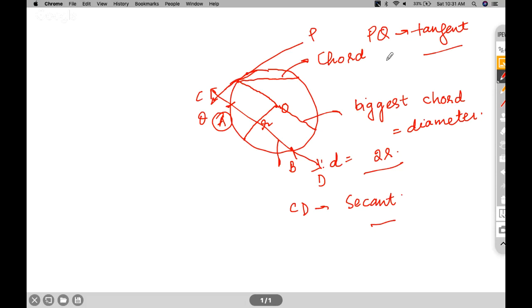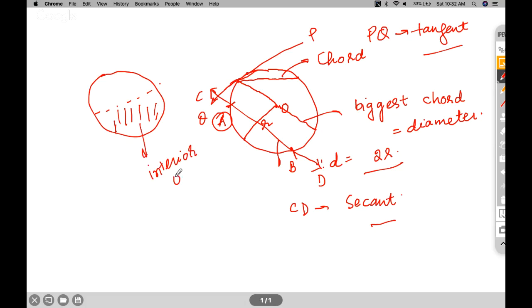Now the next thing is the interior of the circle. Any region which is inside the circle will be known as the interior of the circle. And whatever is outside this circle is known as the exterior of the circle.